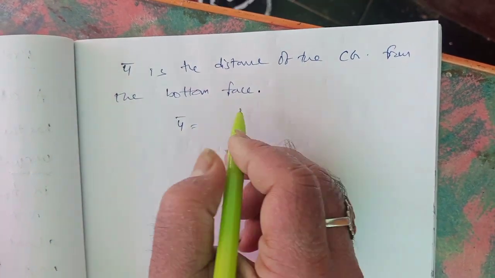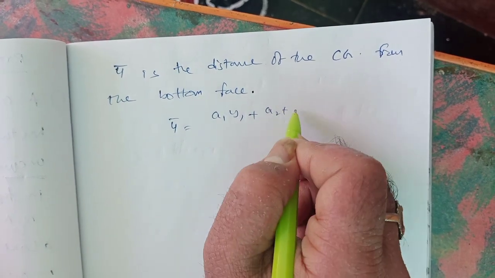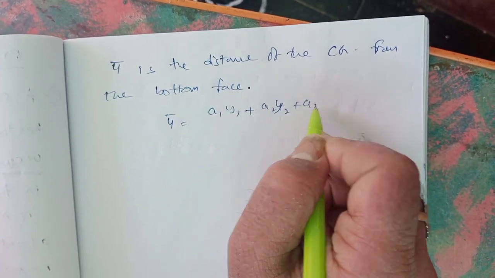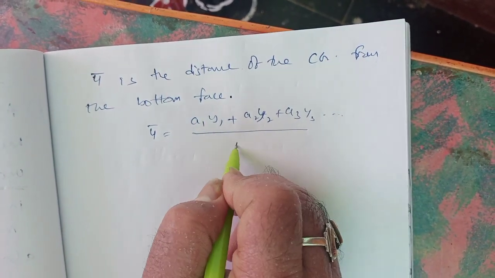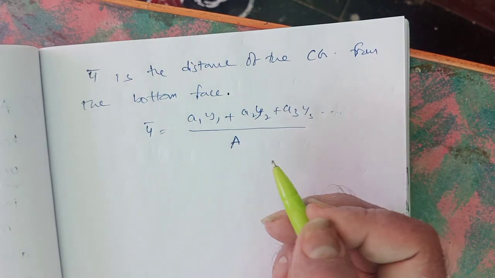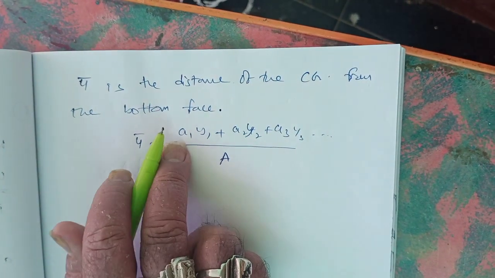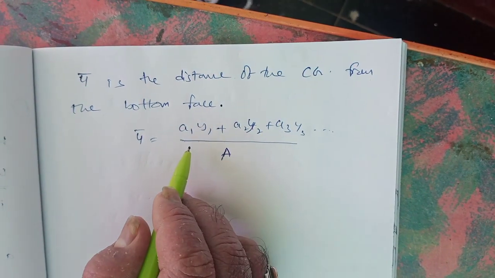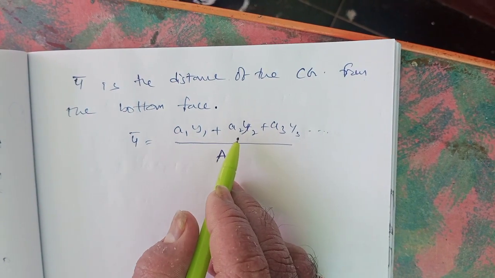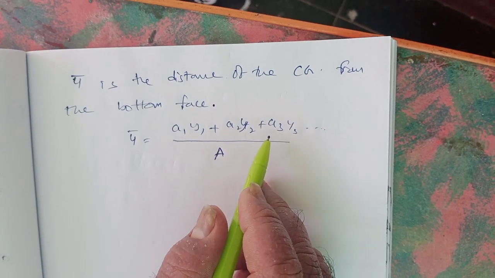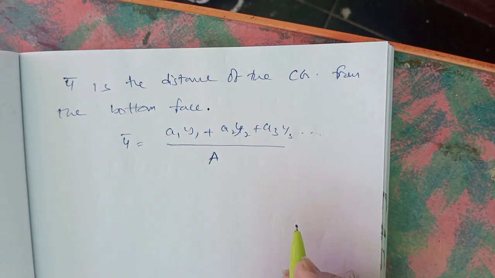So y bar is equal to a1 y1 plus a2 y2 plus a3 y3 etcetera, divided by capital A. We know small a1 is the area of the first flange, a2 is the area of the second, and a3 is the area of the third. So you can calculate it from the bottom.